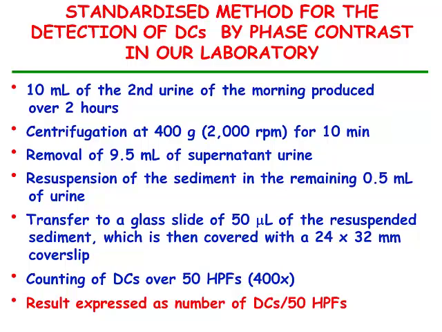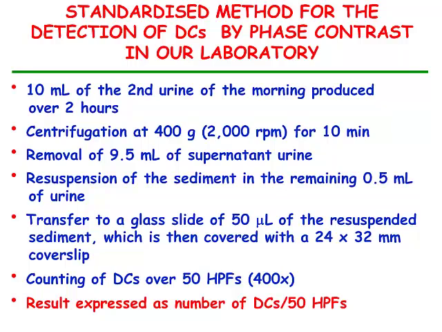So a very simple standardized method: 10 ml of the second urine of the morning, produced over 2 hours, with a standardized centrifugation, 400 g or 2000 RPM for 10 minutes, removal of a fixed volume of supernatant urine, 9.5 ml, by water pump, resuspension of the sediment in the remaining 0.5 ml of urine, transfer to a glass slide of 50 microliters of the resuspended sediment, which is then covered with a cover slip with a fixed surface.